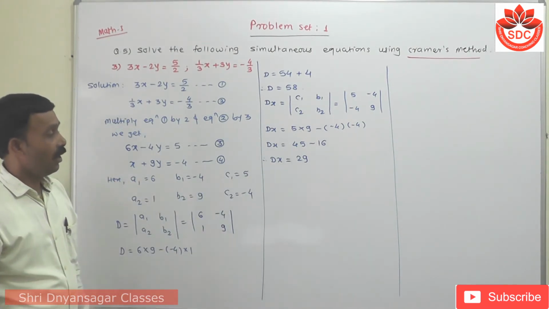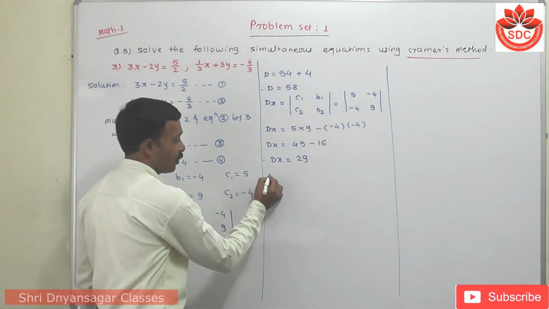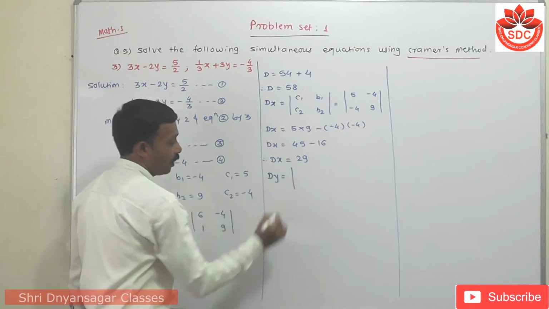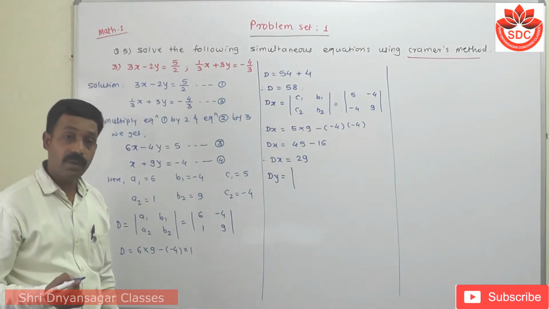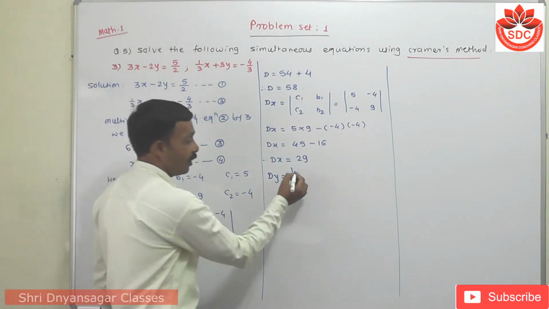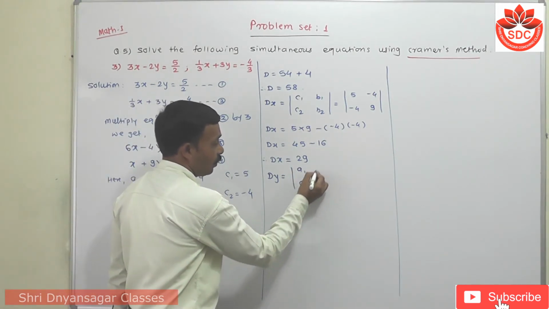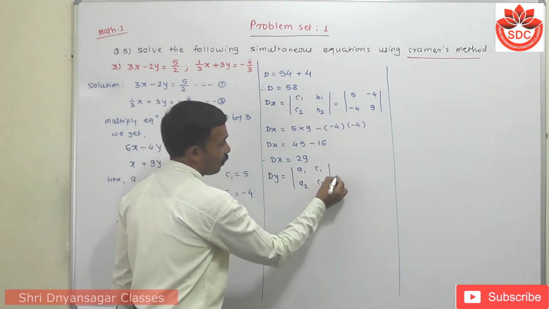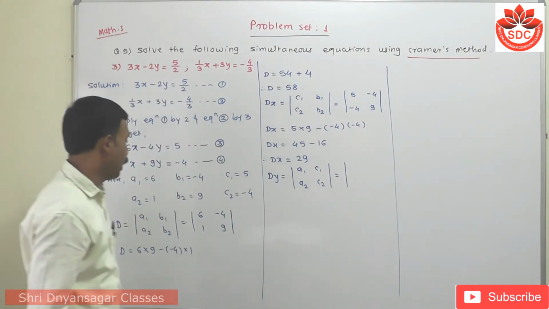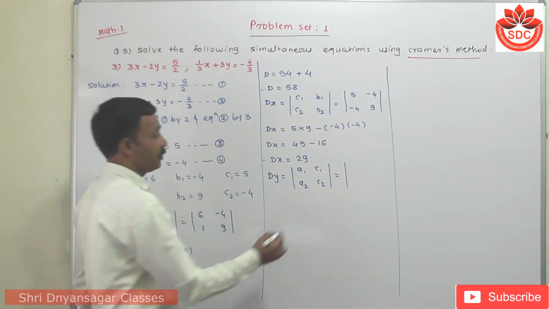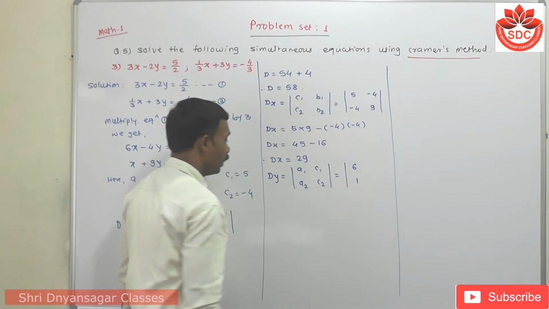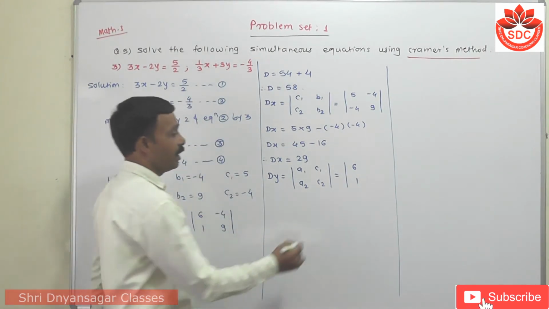Then we find the value of determinant of y, so dy is equals to, now we replace b1 b2 by c1 c2, so that a1 a2 here is c1 c2. The value of a1 a2 is 6 and 1 and c1 c2 is 5 and -4.